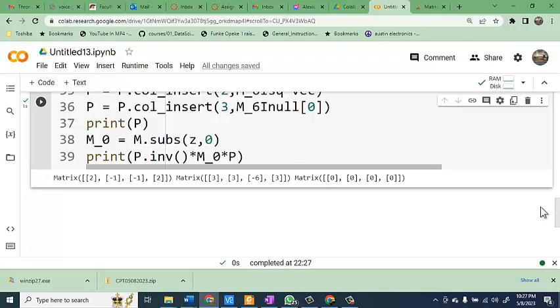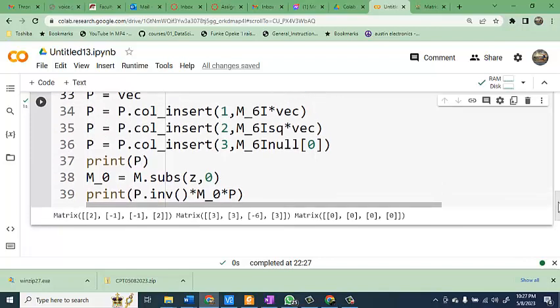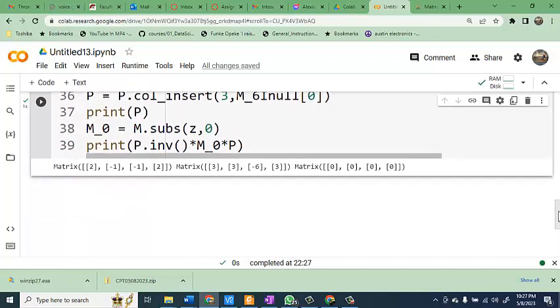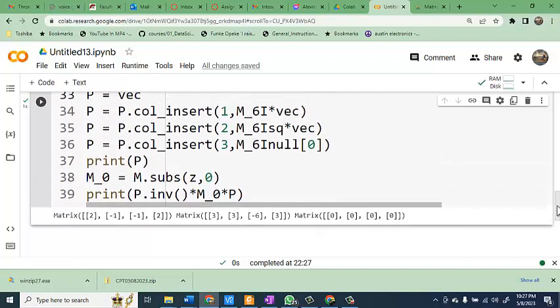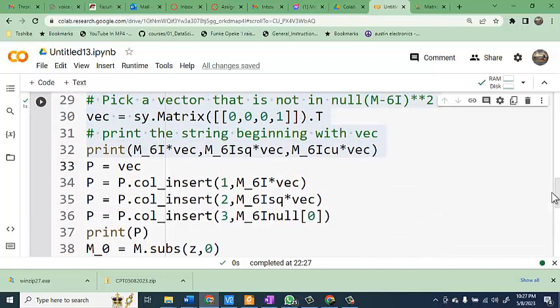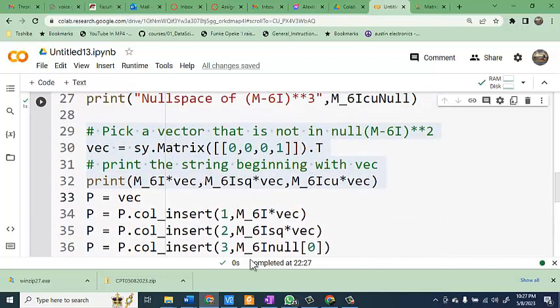All right, so now for the other eigenvector, I can just choose any of the two original eigenvectors I found that's linearly independent of this. And that will give me two linearly independent eigenvectors that will span the null space of M minus 6I. Okay. So what I did, I took this vector. This vector is the beginning of the string.